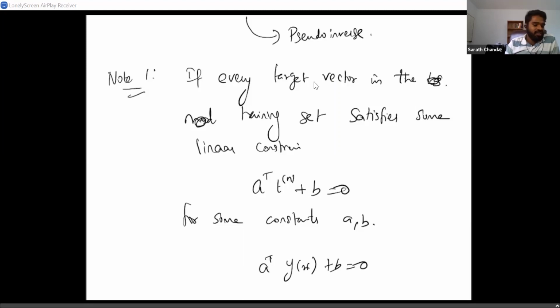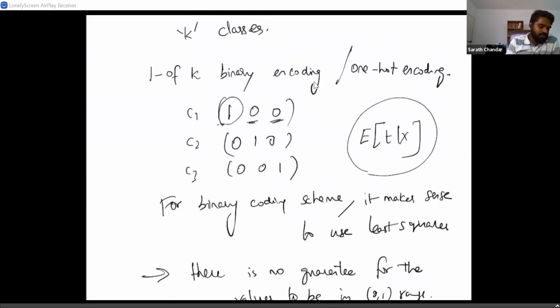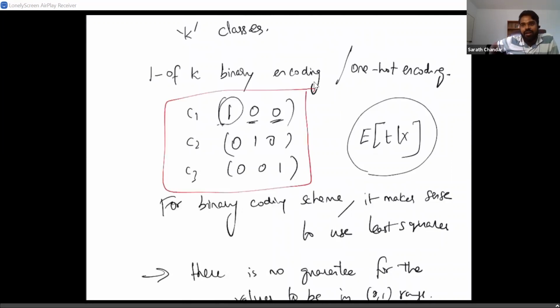Now what is the constraint that I have in this particular one-hot encoding? This is my target, right? And you can see that in the case of this specific binary encoding target, all these targets should sum up to 1, right? I have 3 y's that I'm predicting: 1, 0, 0 sums up to 1, 0, 1, 0 sums up to 1. This is the constraint that this classification problem has.